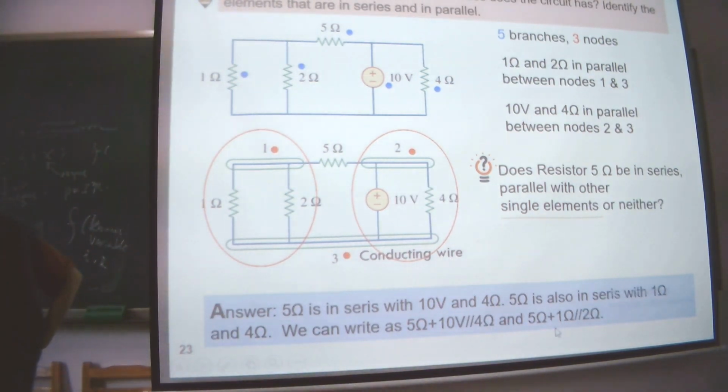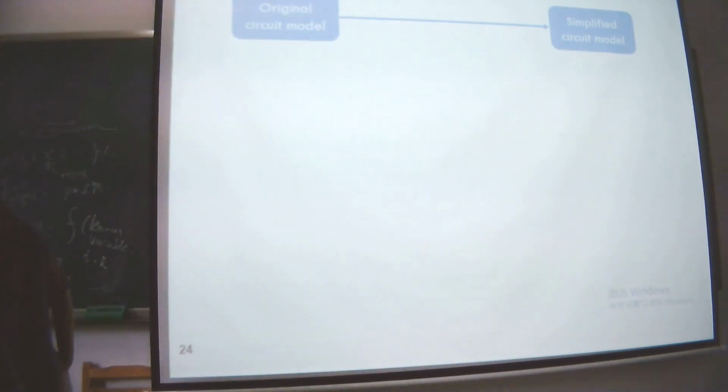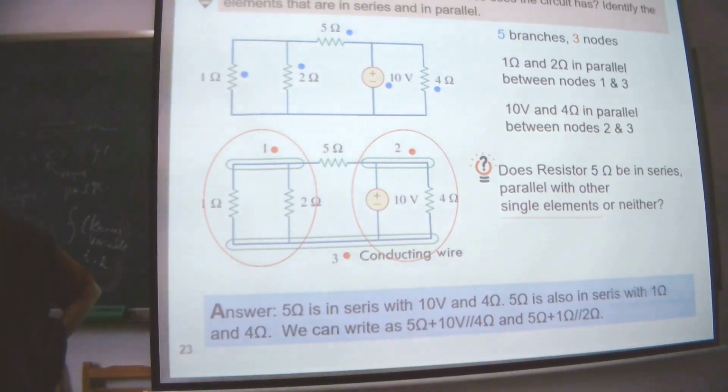And this one we can also read out, right? So the 5 ohm is in series with the 1 ohm in parallel with the 2 ohm. Here, this is the voltage.